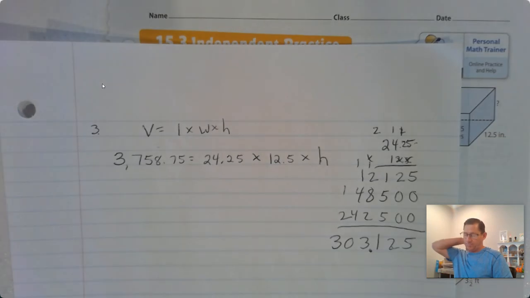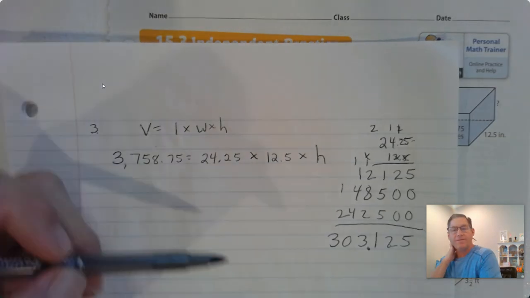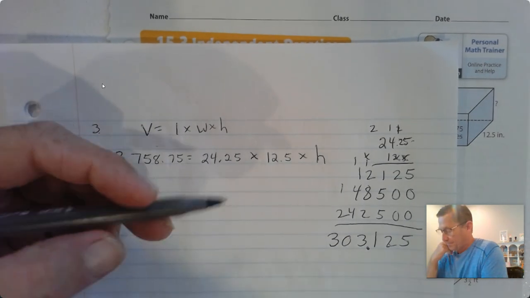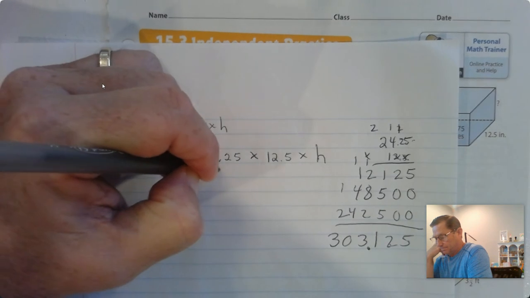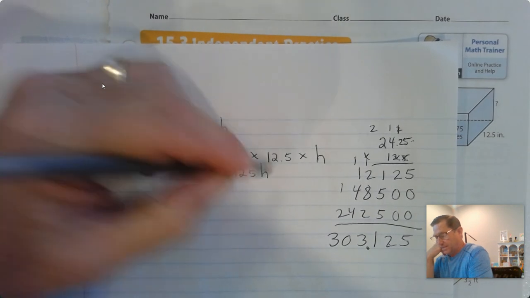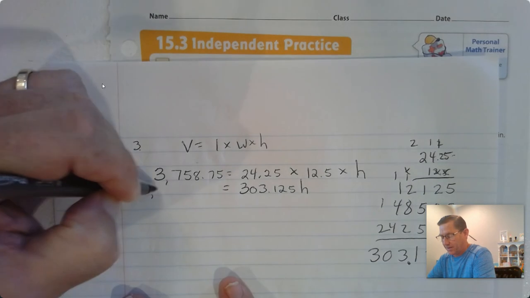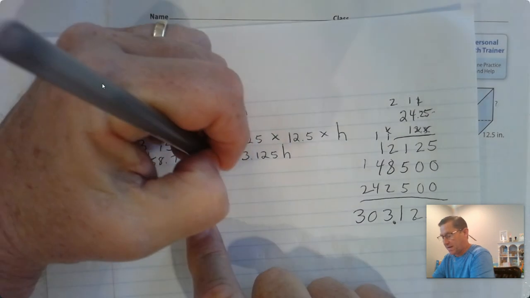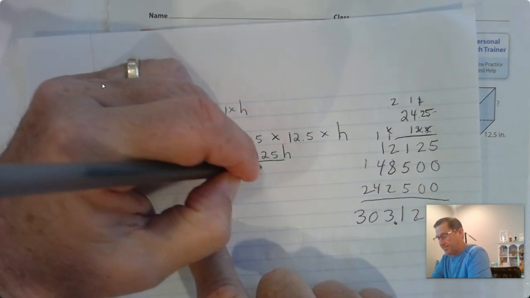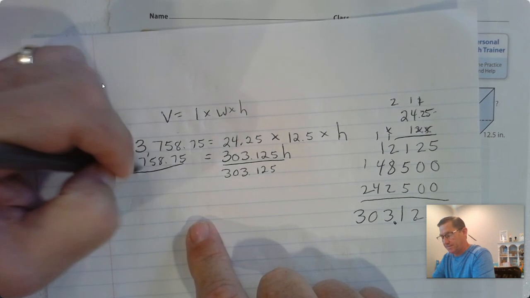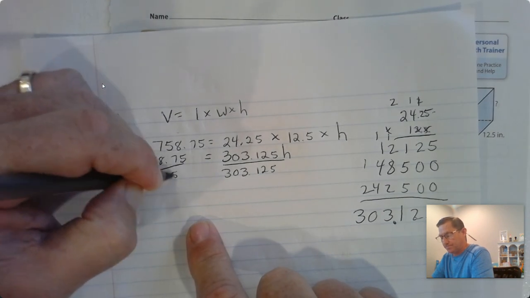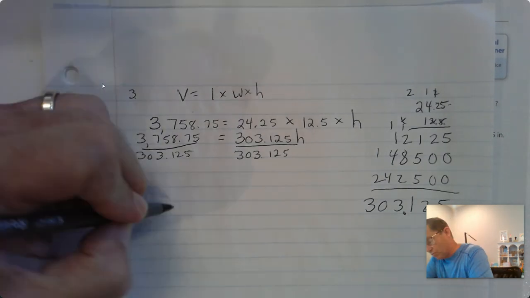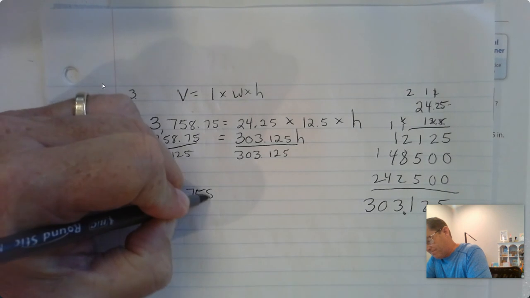All right, so I came up with 303 and 125 thousandths times h equals 3,758 and 75 hundredths. So we're going to divide both sides by 303 and 125 thousandths. Okay, if you're allowed to use a calculator, this would be a great time to use one. If not, we can solve this.